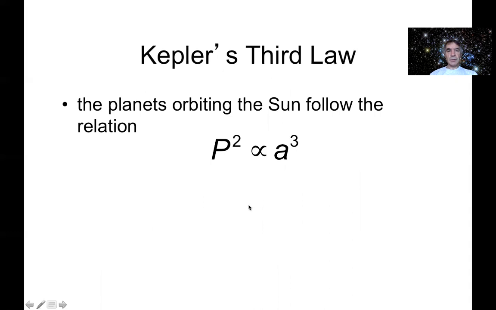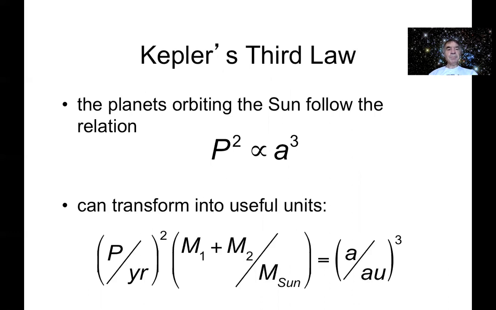So let's just revisit a few more things here. This is what Kepler himself found empirically, observationally, so that P squared is proportional to a cubed. There's a little exercise at the end of this lecture where you can prove that from the data yourself. Sometimes you might want to use Kepler's third law in this form and with these units.